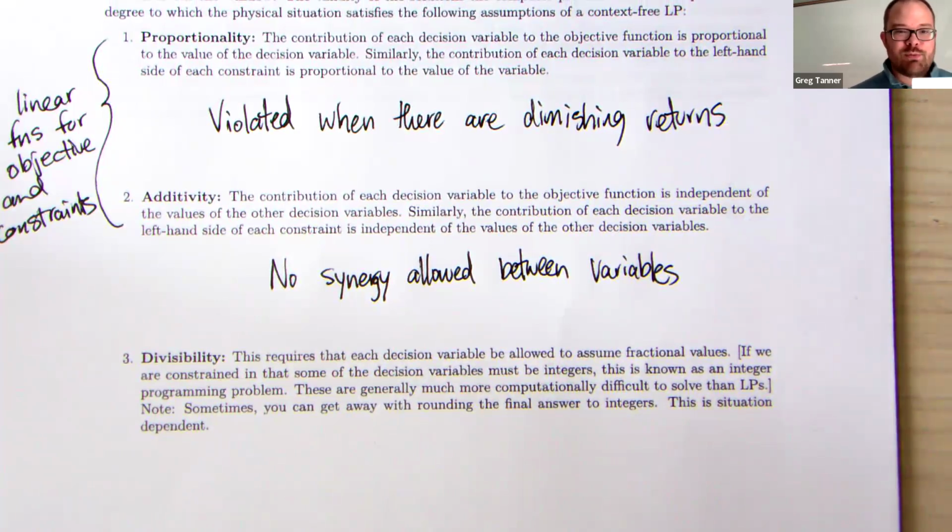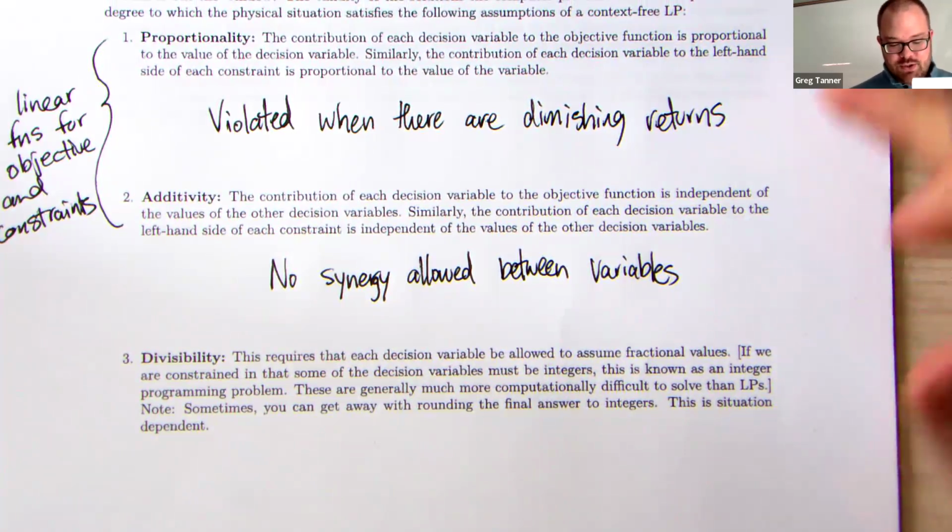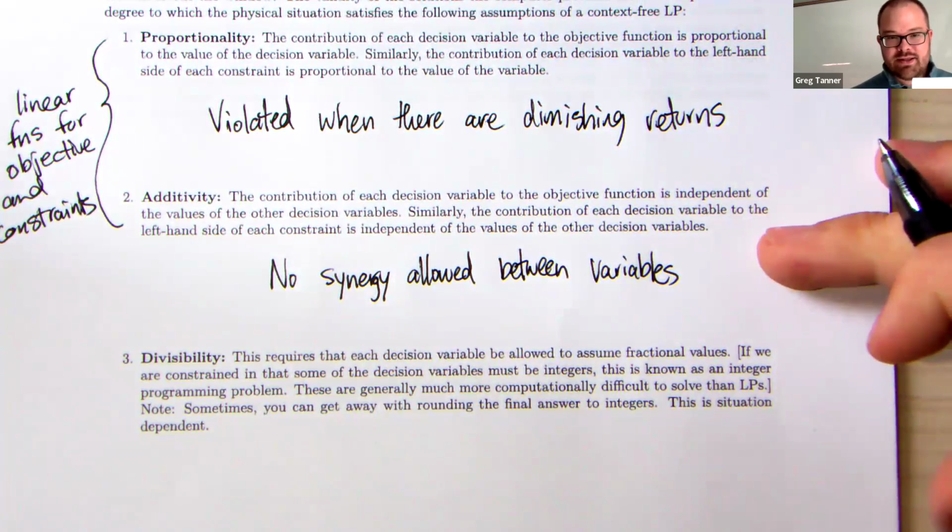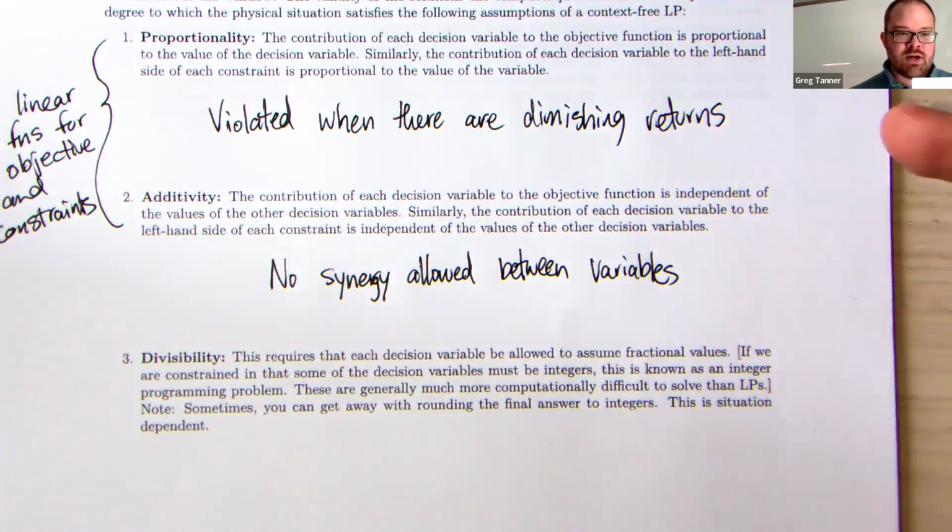Of course, we break these assumptions all the time in practice where we're modeling something that isn't perfectly linear. And so when we break these assumptions, then we have to think about, well, how valid is it? Is it just a small transgression or is it a large transgression? How much of a mismatch is there between our theoretical problem and reality? Is it an acceptable amount of error in our model?